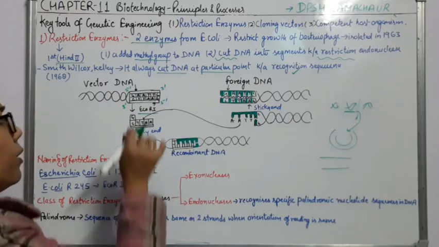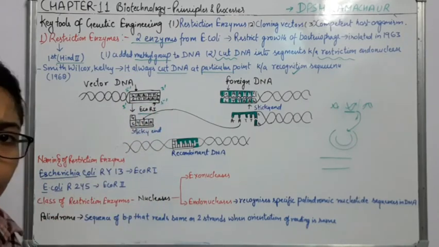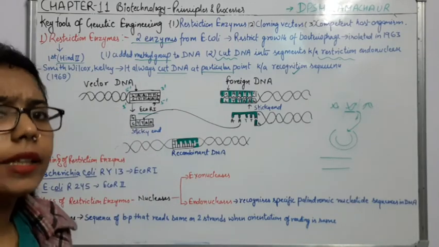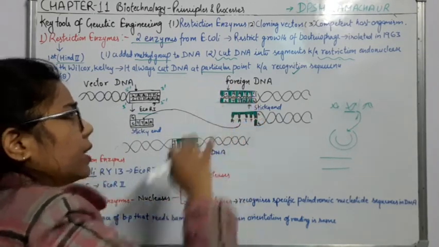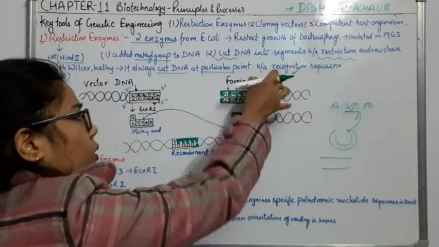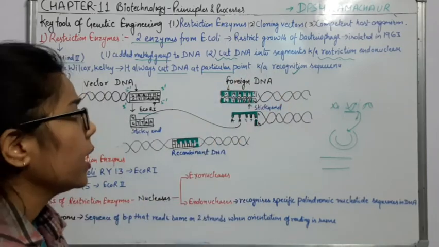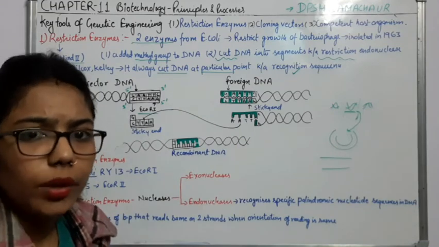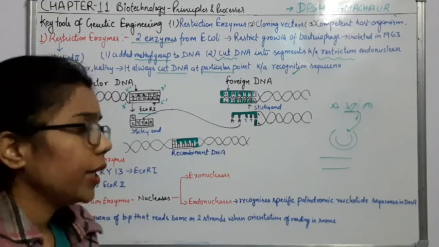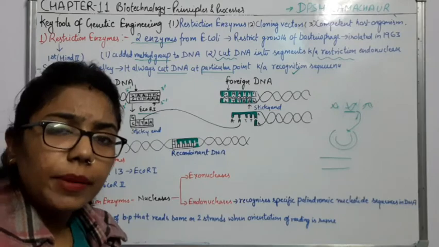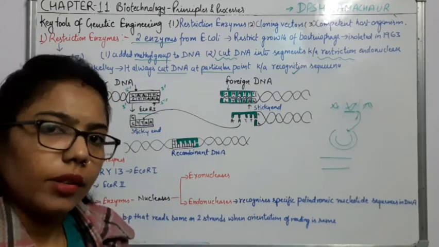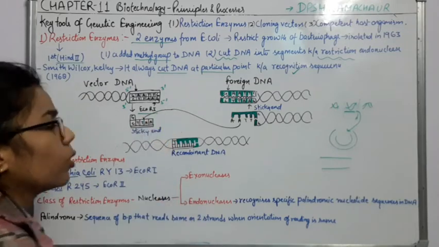Now if you see the sequences here, we have 6 base pair sequences in the vector DNA as well as 6 base pair sequences in the foreign DNA. If we use the same endonuclease enzyme, it will cut at the specific recognition site in both of the DNA. So we have used EcoRI here.